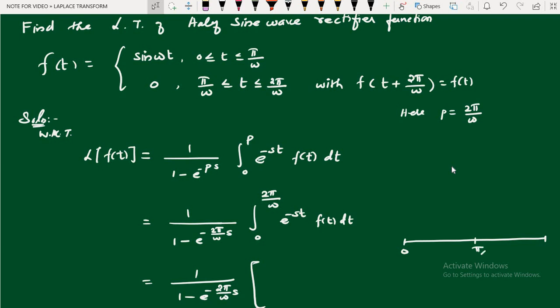The interval 0 to 2 pi by omega can be partitioned into two parts: 0 to pi by omega, and pi by omega to 2 pi by omega. In the first part the value of f of t is sine omega t. In the second interval the value of f of t is 0.